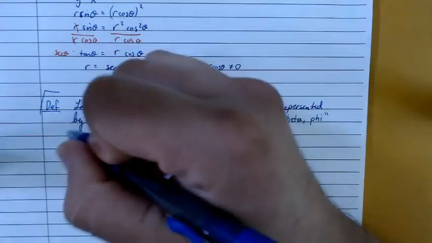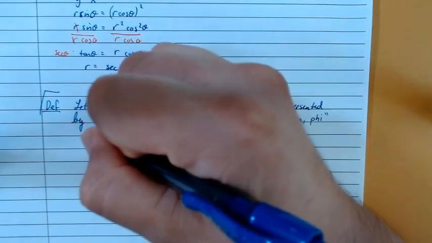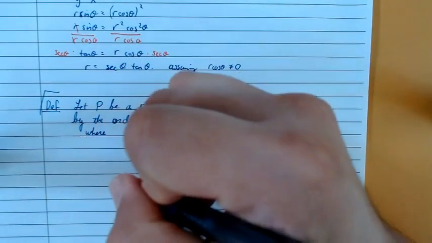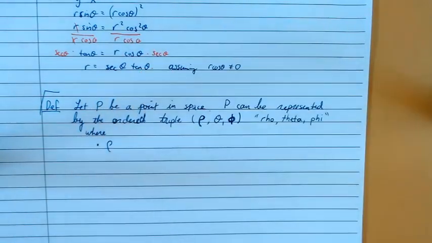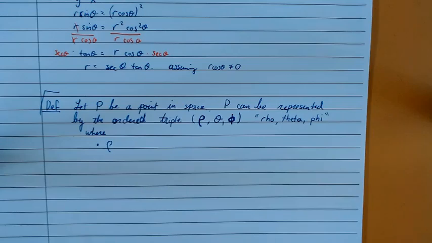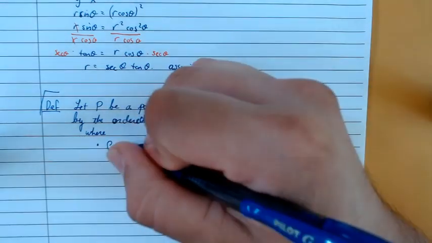Where rho is the distance between the point and the origin.